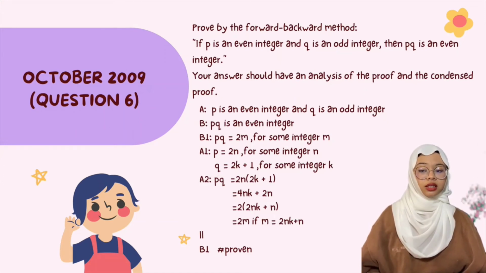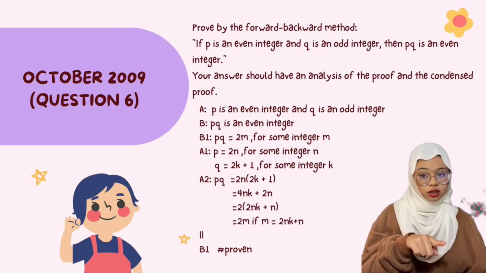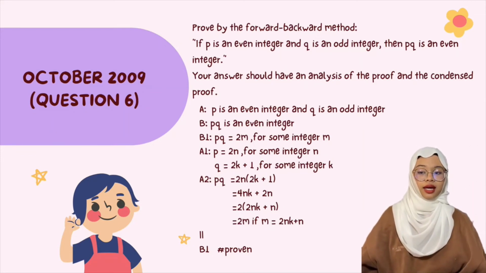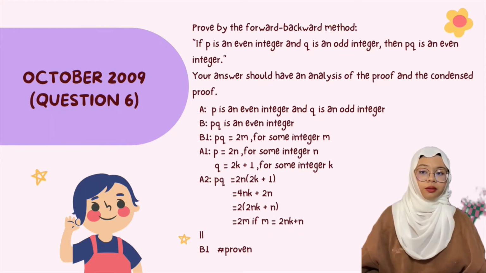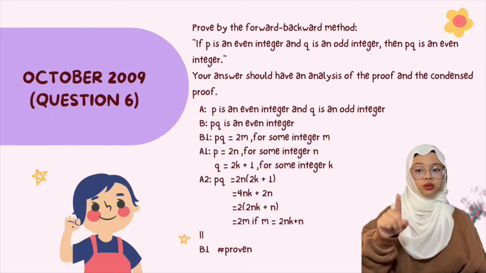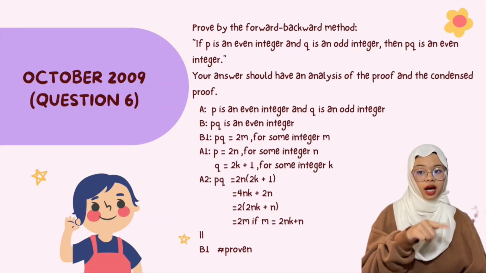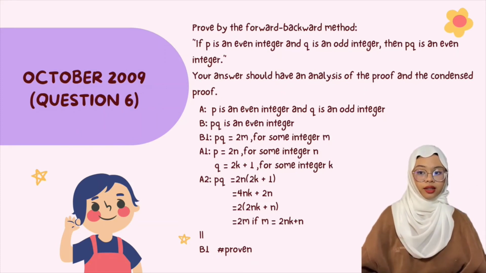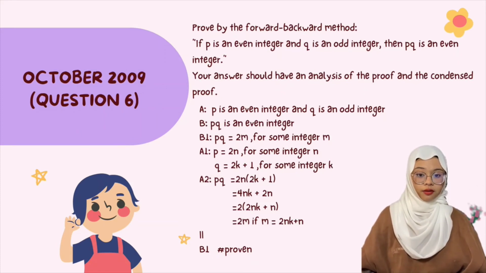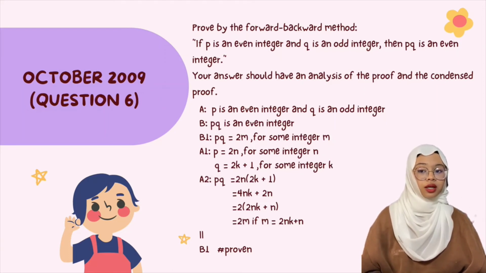And the conclusion, which is B, is PQ is an even integer. Okay, next B1: PQ equals 2M for some integer M. And next A1: P equals 2N for some integer N, and Q equals 2K plus 1 for some integer K.